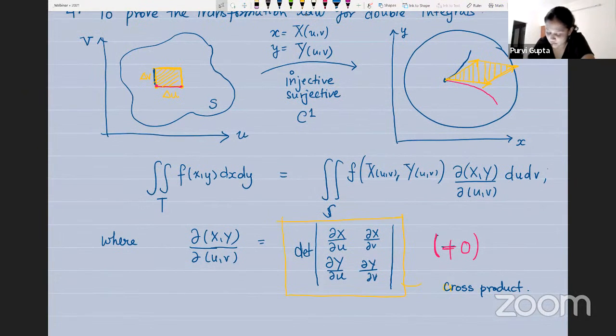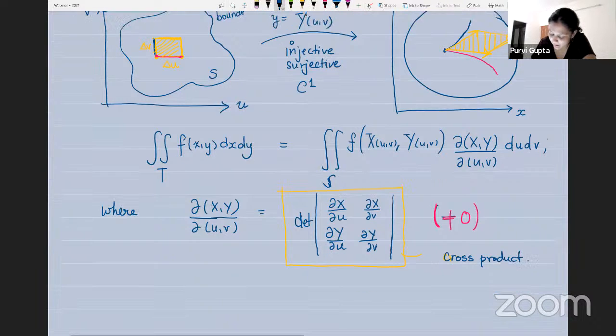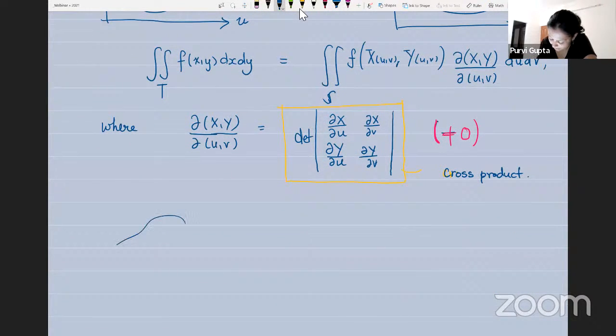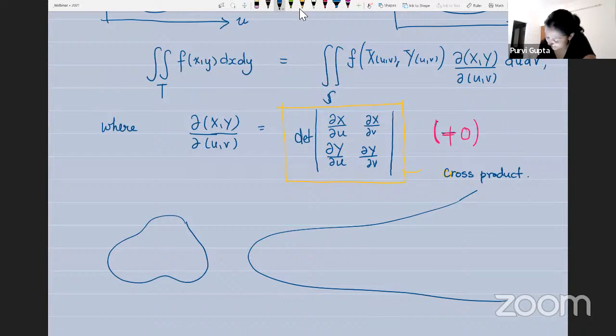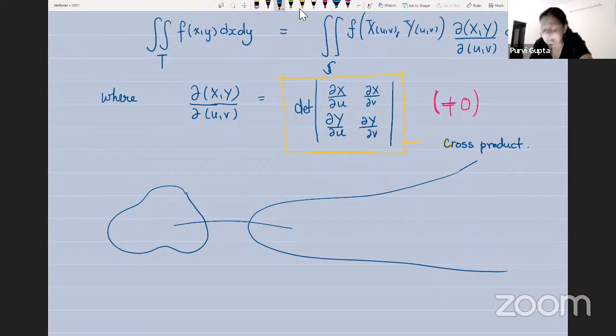Correct. So this is always going to be a bounded region. And I suppose you are thinking of something like this, right? Let's say I want to map this into an open thing like this, maybe. Is this your question? Yeah. Okay.